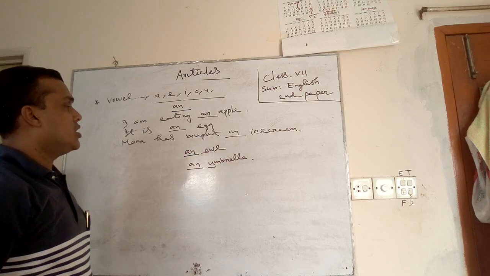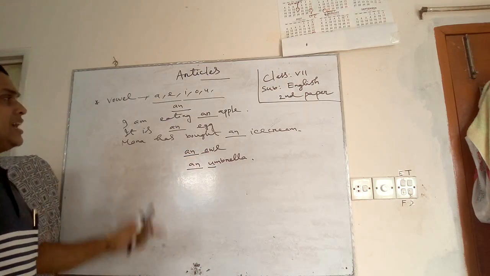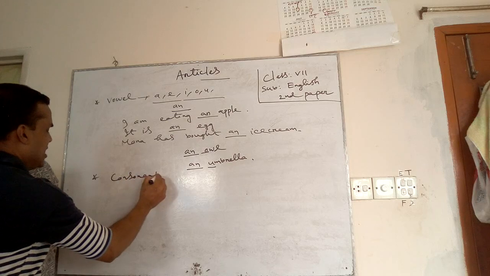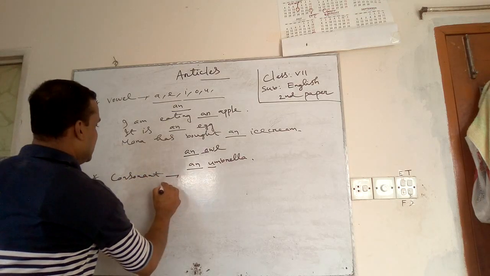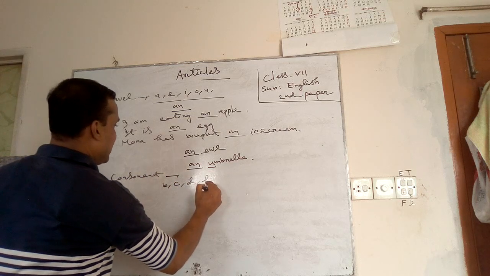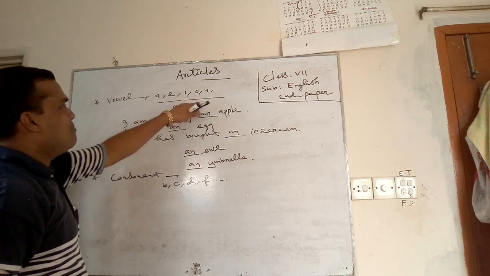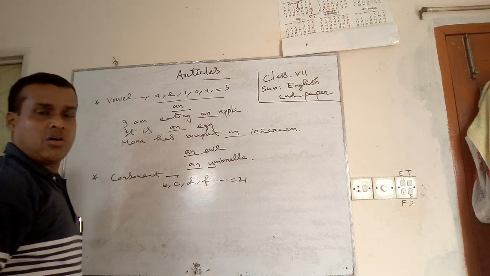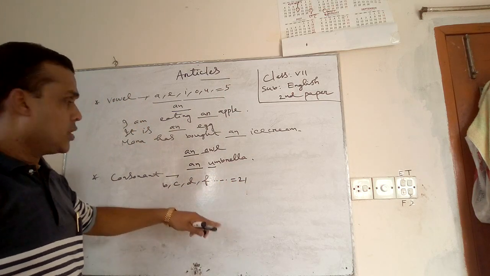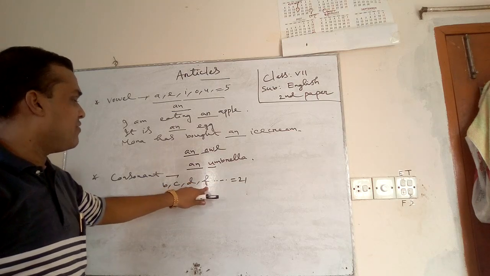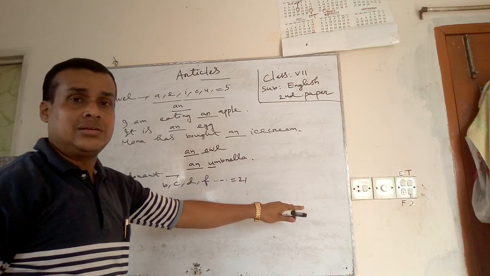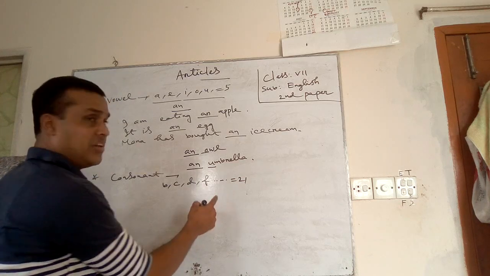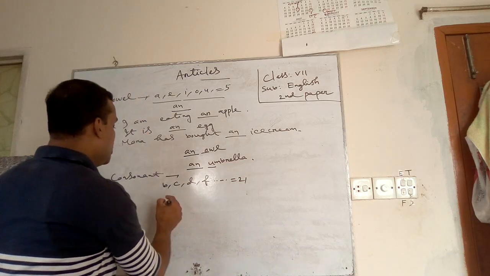Next rule. If a word begins with a consonant, B, C, D, F, etc. There are 5 vowels and 21 letters of the alphabet are consonants. With words beginning with a consonant, we should use a.